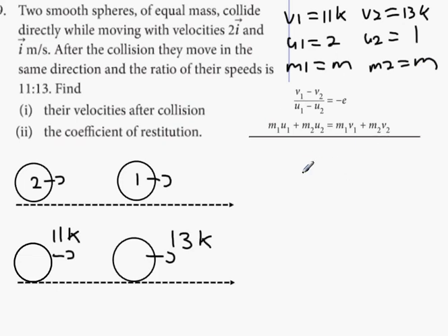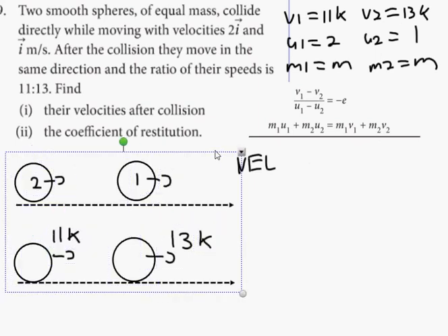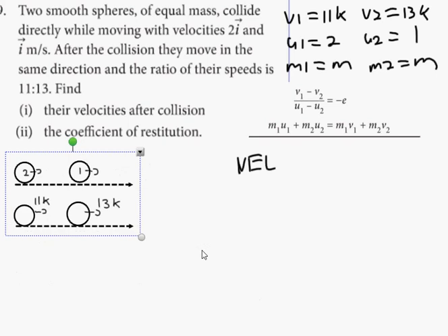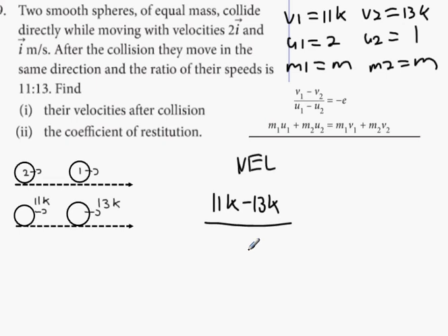We'll start off with NEL. So what we're going to have is v1 minus v2, which is going to be 11k minus 13k, over u1 minus u2, which is 2 minus 1, equals, does it say anything about the e value?